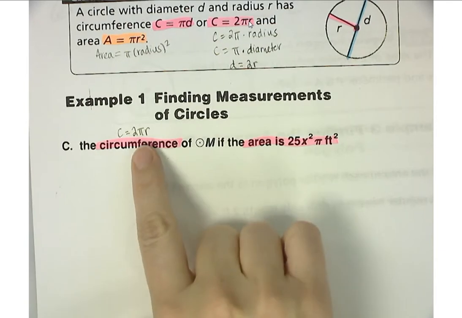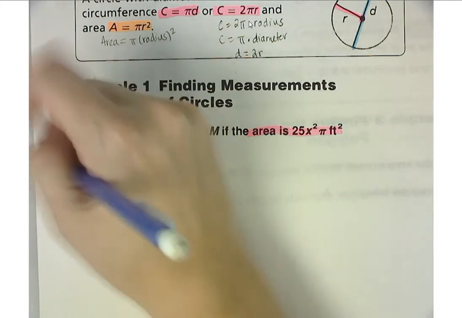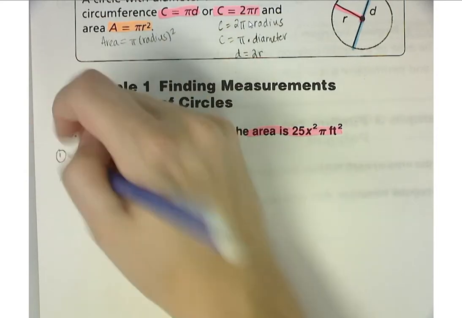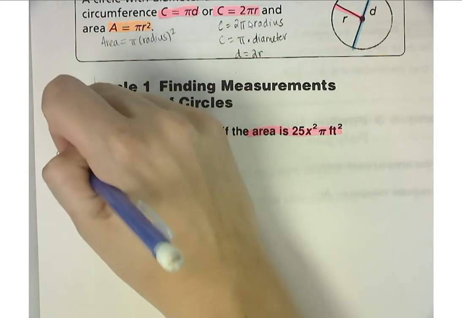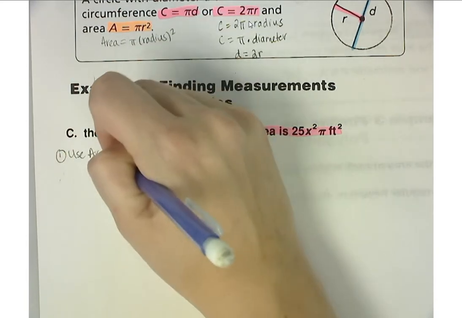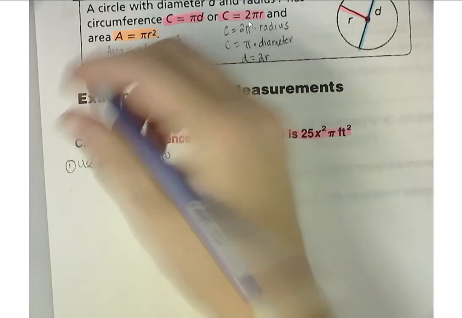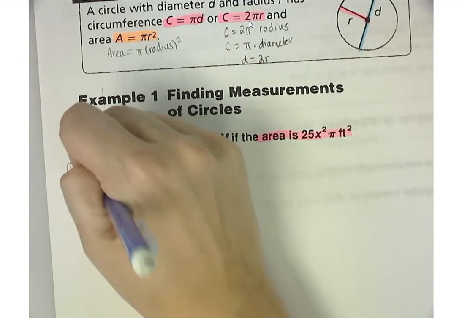What's the only thing I have to know to be able to find the circumference of the circle? I have to know what the radius is. So our first step is going to be to use the area formula to find the radius.